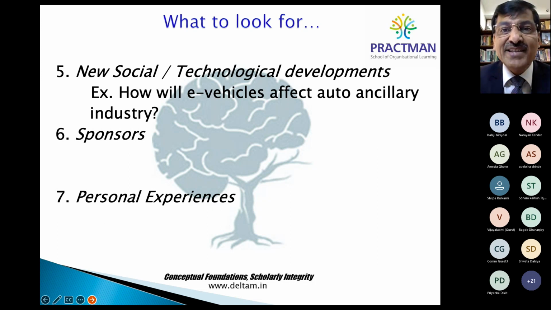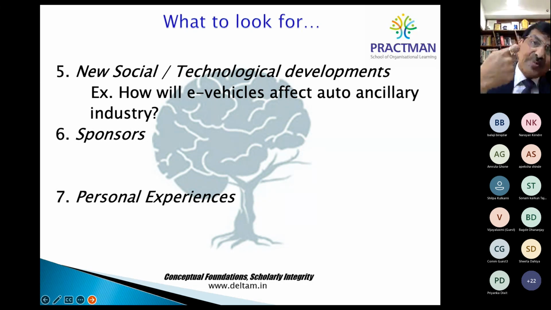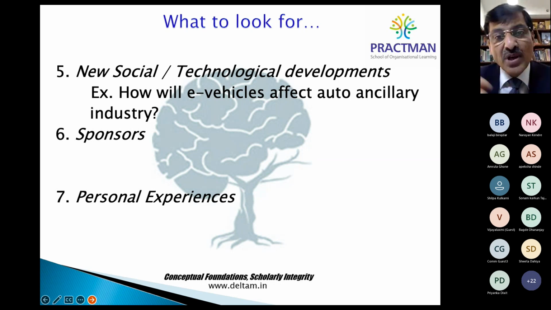There is something called the IC engine, and inside the IC engine there are several components. Now, if there is not going to be an IC engine in an electric vehicle, all those components are not required. So all those companies which are making these components and selling them to Bajaj Auto Limited, or Hero Motors, or Honda Motors or TVS, what happens to this auto ancillary industry? This is a technological development which results in social problems also.